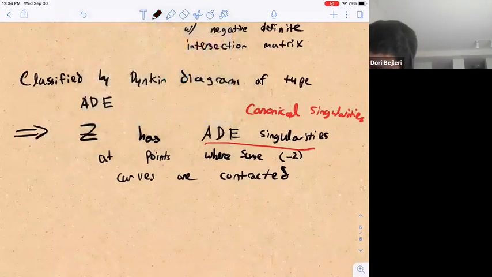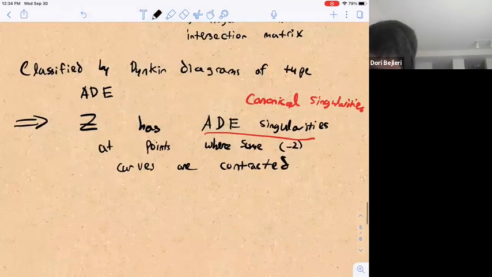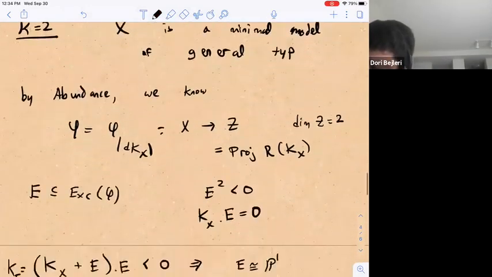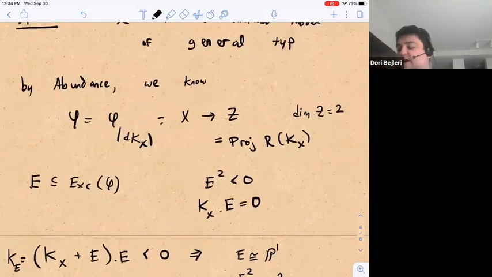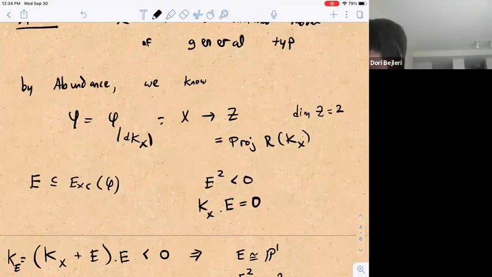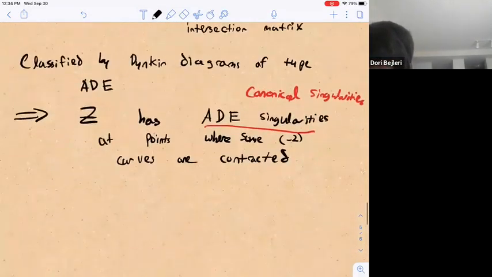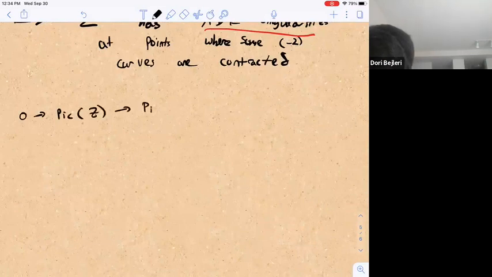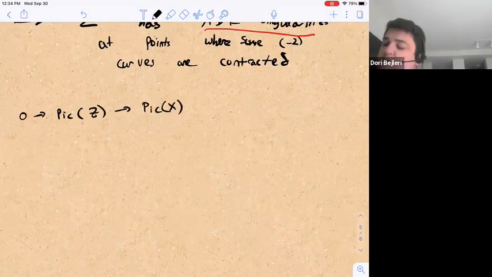And now we also know a bit more. So anytime you have this type of contraction where the fibers are connected and your target variety is normal, if you look at Picard, you actually have that the pullback map is injective. And then you can describe the cokernel here.